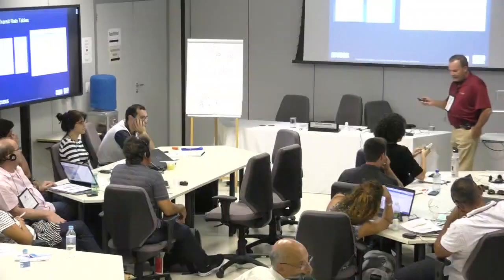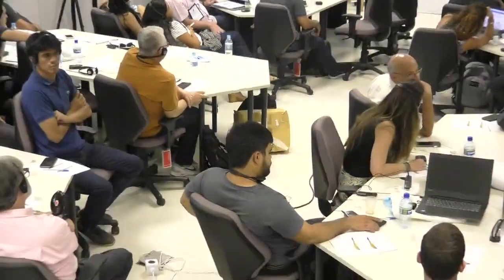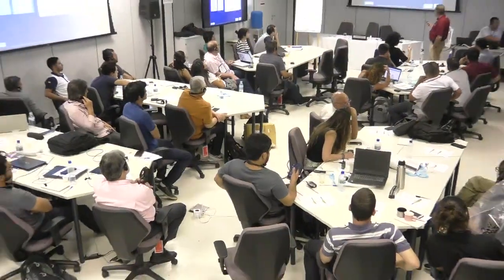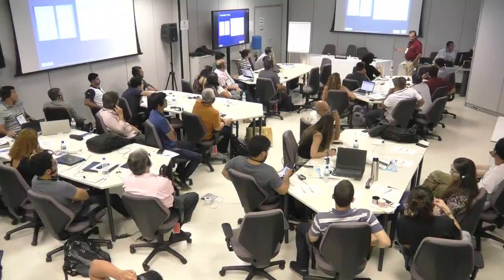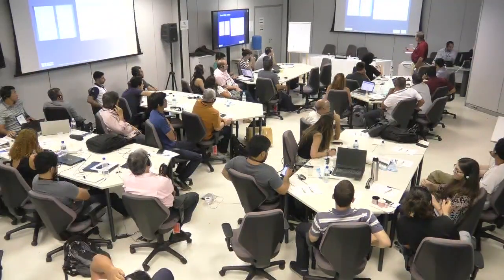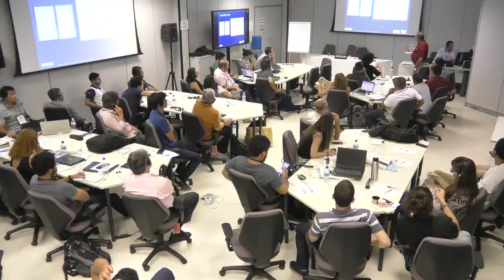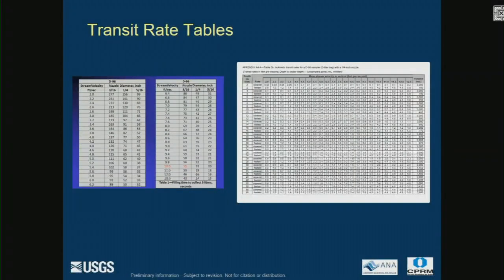So, transit rate tables, I'm just going to spend a few seconds on this. These are the tables that come with these samplers, and they're the maximum filling times for the stream velocity with these nozzles. You look at your stream velocity and the nozzle that you're using and pick out the filling time that they've calculated for you.